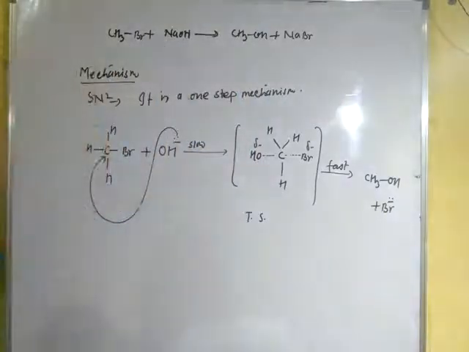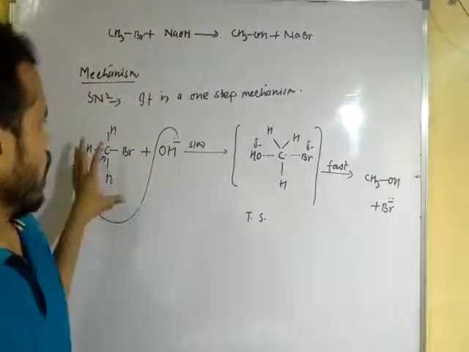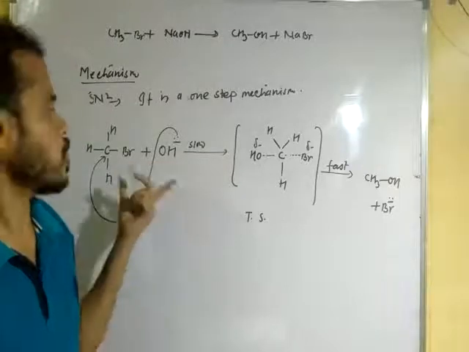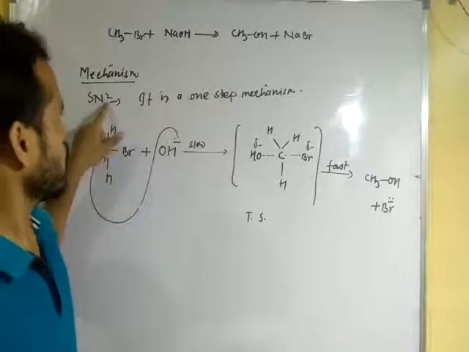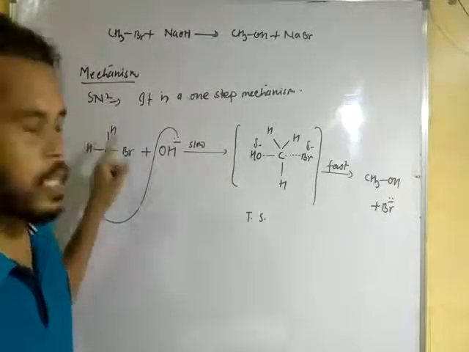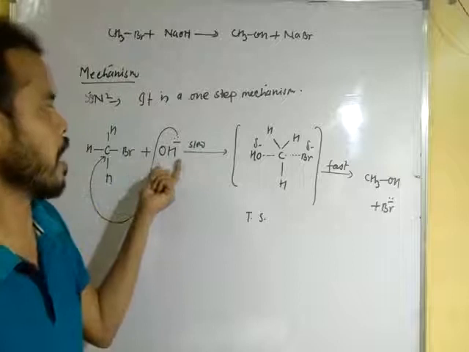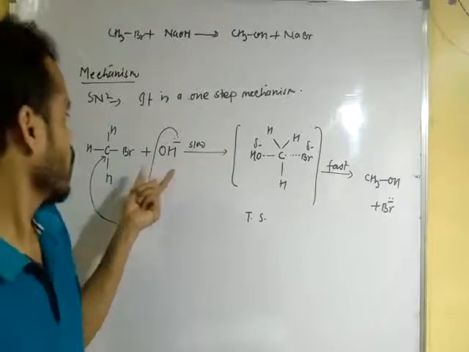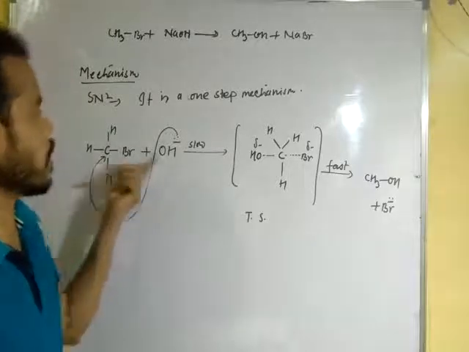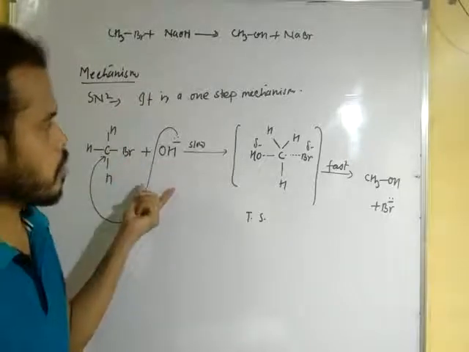So you can see it is a one step mechanism, and both the substrate and nucleophile take part in the slowest step, so it is denoted by 2, that means bimolecular nucleophilic substitution reaction. In the slowest step both the substrate molecule and the hydroxy group, the nucleophile, take part, so the rate of reaction depends upon both the substrate and the attacking reagent.